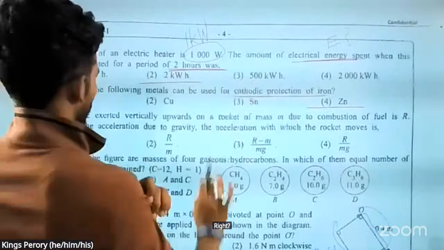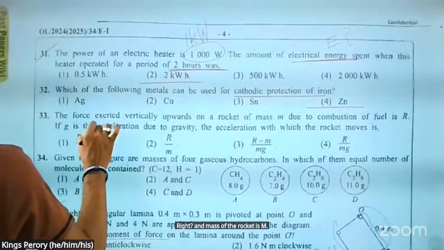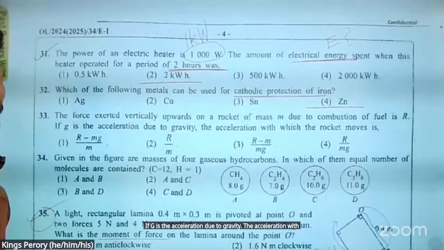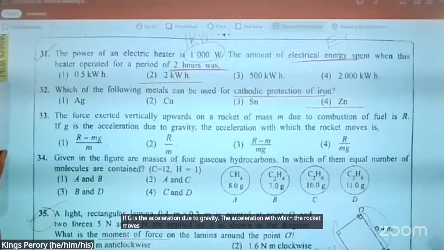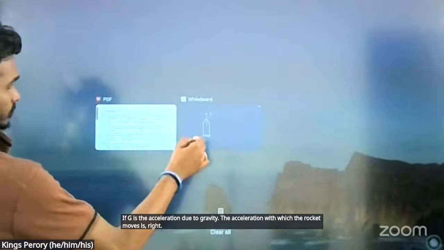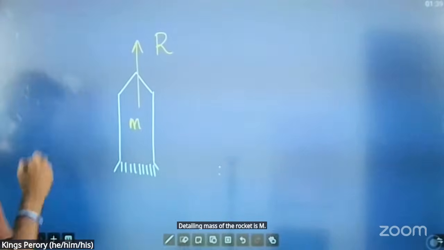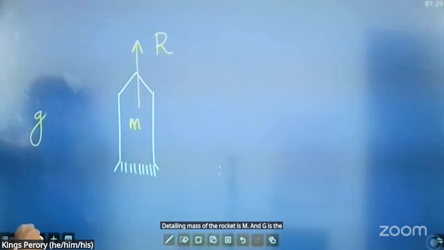And mass of the rocket is m. If g is the acceleration due to gravity, the acceleration with which the rocket moves is, right? They are telling mass of the rocket is m and g is the gravitational acceleration.